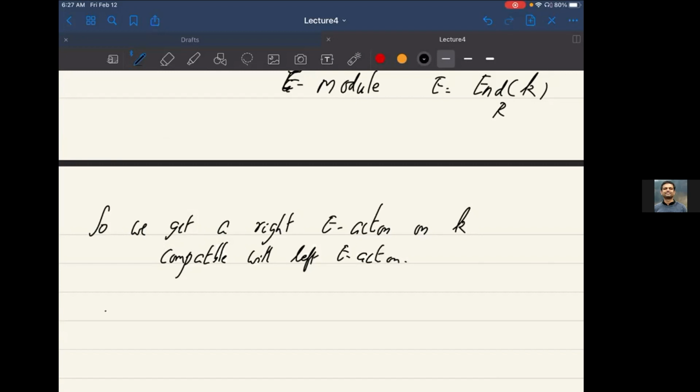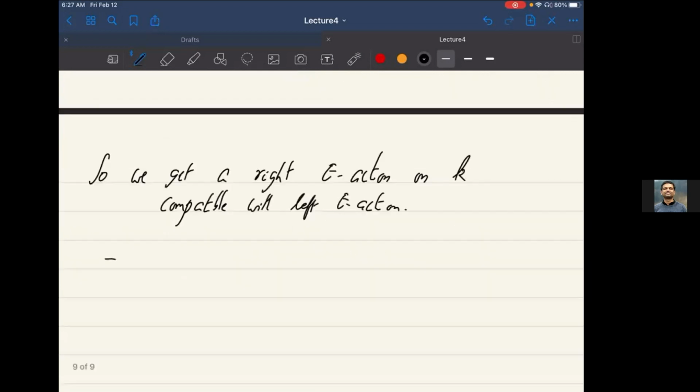Okay, so there is also another structure. There is a right E structure coming from this isomorphism.